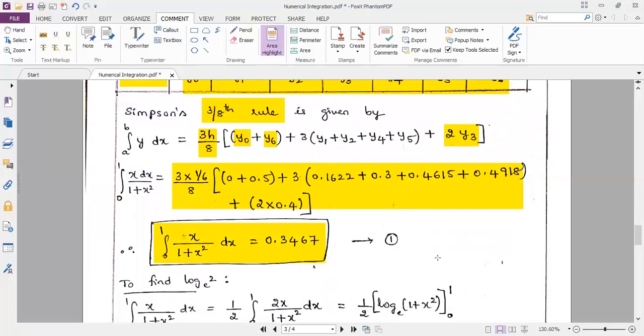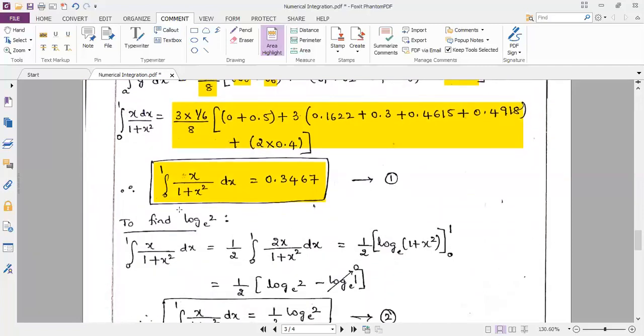Now we are also asked to obtain log 2 to the base e. Let us try to obtain an approximate value of log 2 to the base e by performing the normal integration. So integral 0 to 1 x divided by 1 plus x square dx is, after multiplying and dividing by 2 for convenience, half of integral 0 to 1 2x divided by 1 plus x square dx.